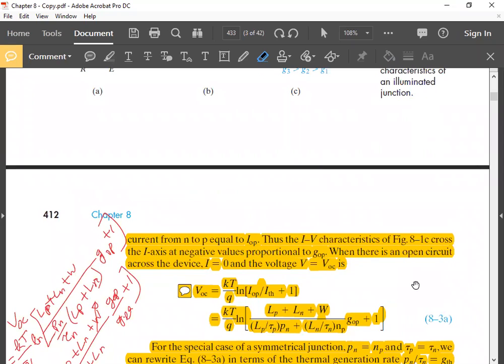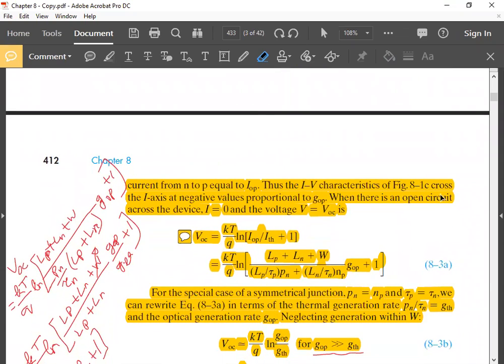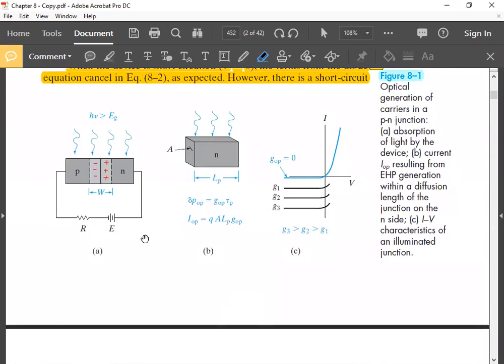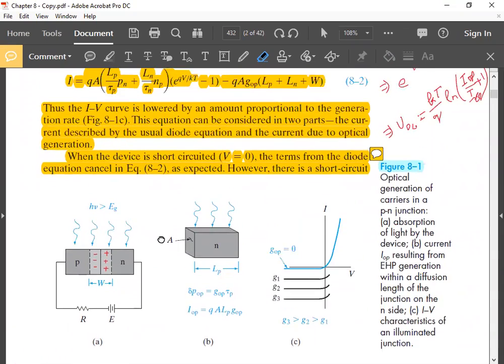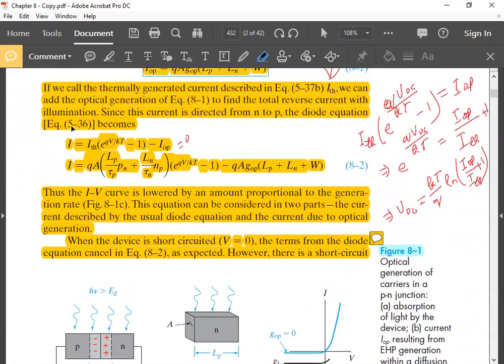Now, when there is an open circuit, instead of short circuiting, you open this. So this current is 0, right? Yes. So you can equate this to 0. Remember, this V is the forward voltage; we have assumed here V is forward voltage.